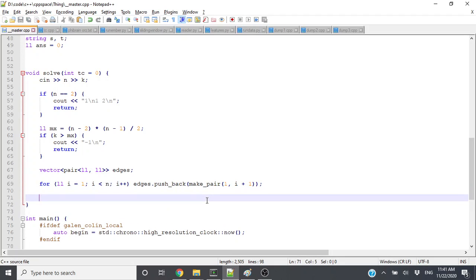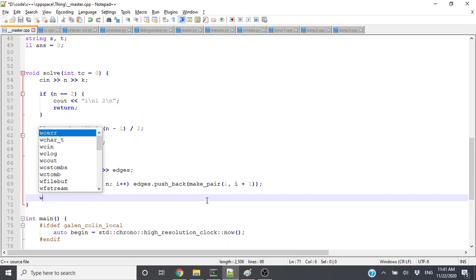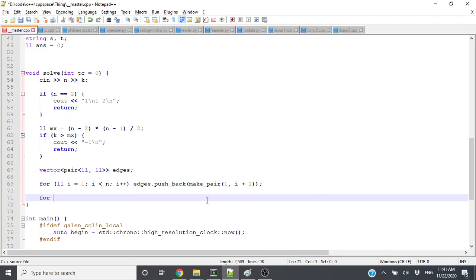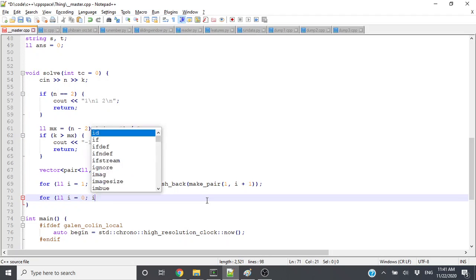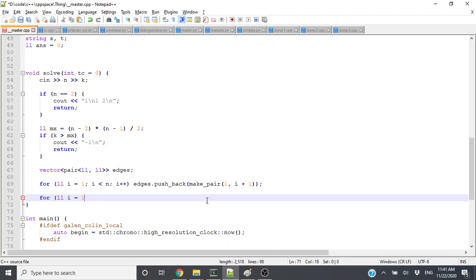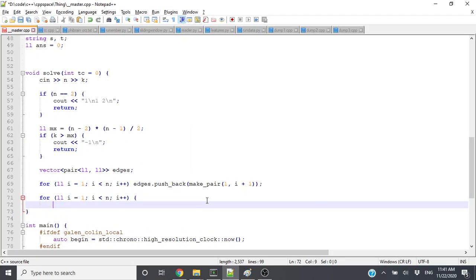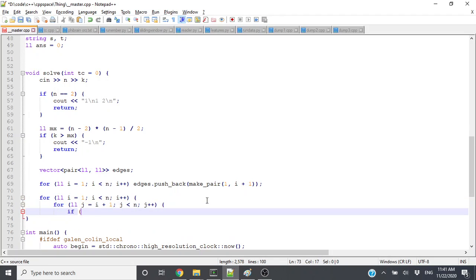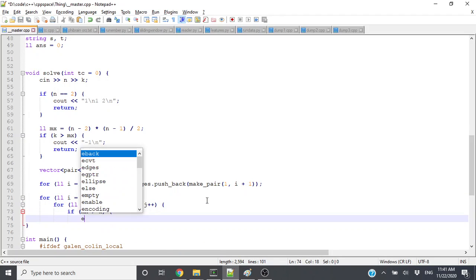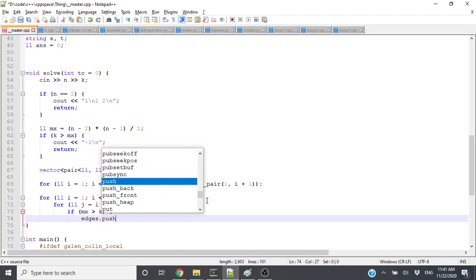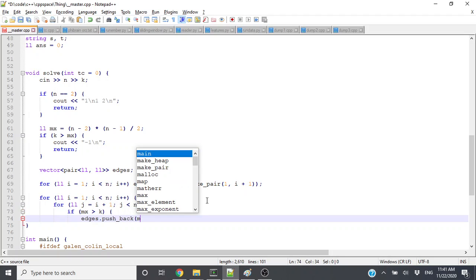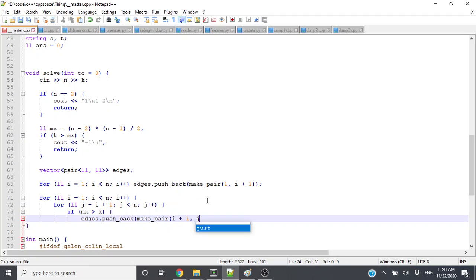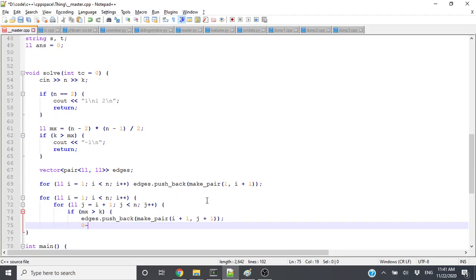Now, for i equals 1, i is less than n, i plus plus, for j equals i plus 1, j is less than n, j plus plus: if max is greater than k, then add this edge, which will decrease the count by exactly 1, i, j plus 1, minus minus max.